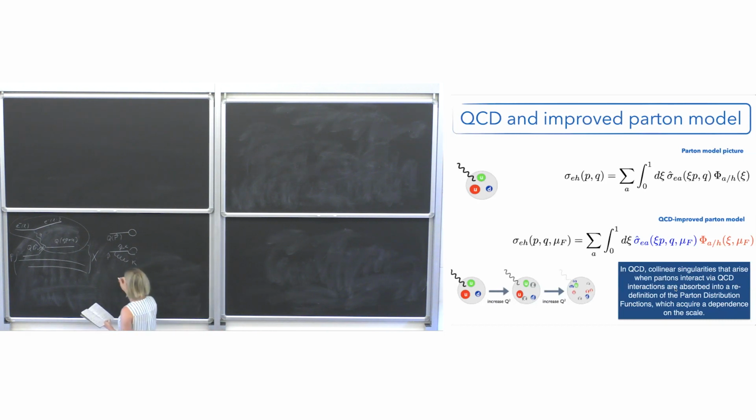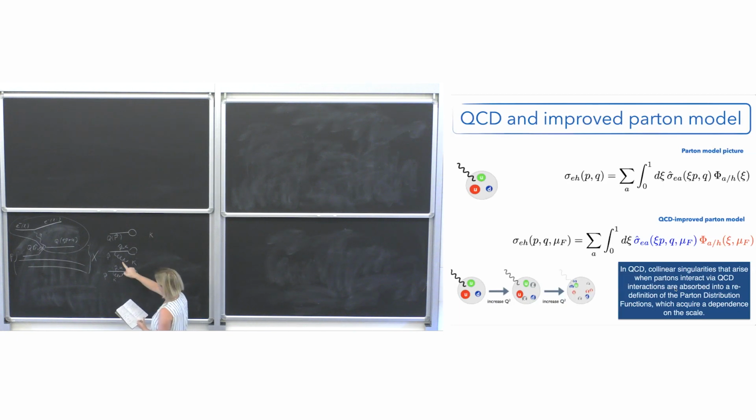But we also have the virtual corrections. Here you have a loop where you have a momentum k, p hat minus k, and you have p here, okay?